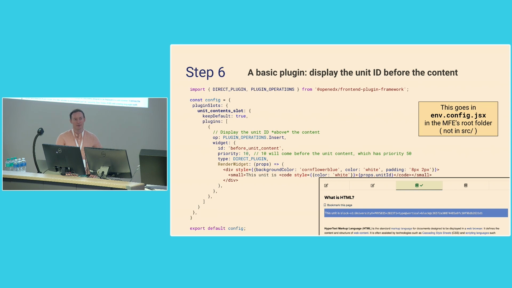But I believe the way that the function works when it renders the contents, it gets all the ones that are going to be inserted and then all the ones that are going to be wrapped and so on, and it processes them in a different way. So that's something that we could make more clear, because even I don't know off the top of my head the answer to that question.